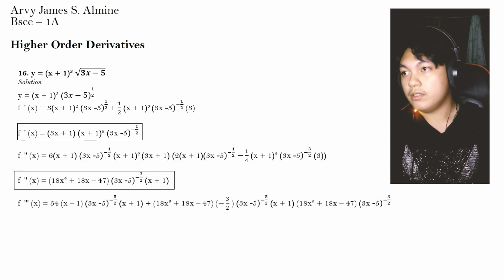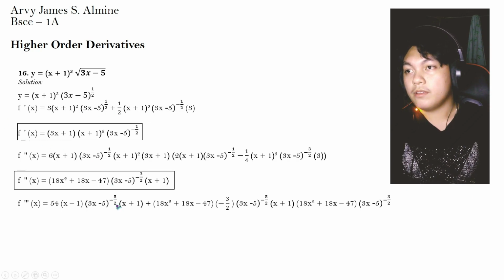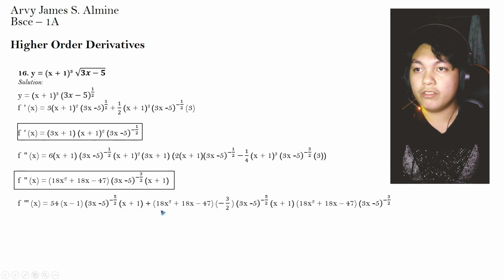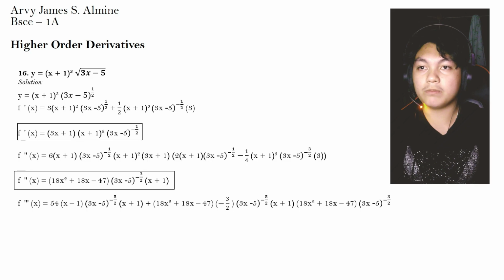So we have 54 times x minus 1 times 3x minus 5 to the power of 5/2 times x plus 1 plus 18x squared plus 18x minus 47 times negative 3/2 times 3x minus 5 to the power of negative 5/2 times x plus 1 times 18x squared plus 18x minus 47 times 3x minus 5 to the power of negative 3/2.